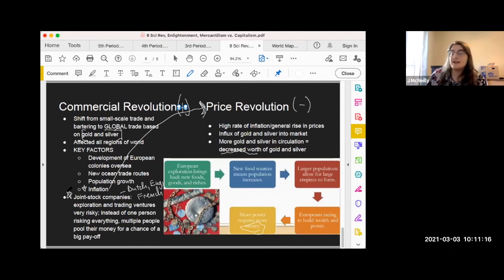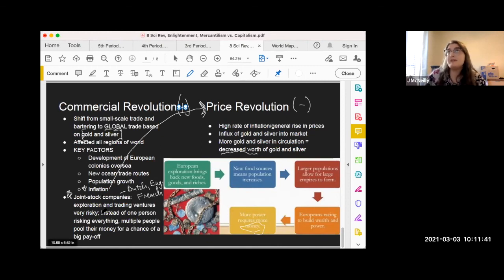And if it doesn't come back safely, then all you've lost is $1,000 instead of everything you own. Okay, this concept is known as joint stock companies. The Dutch, the English, the French, they're going to be building these in the New World as well as in India, in order to spread the risk across a larger group to ensure some profit is made.